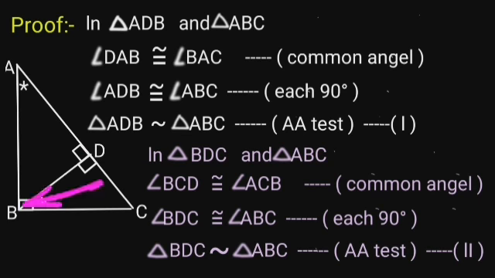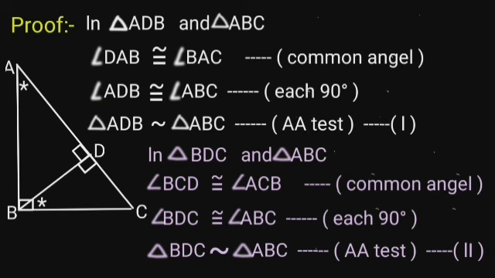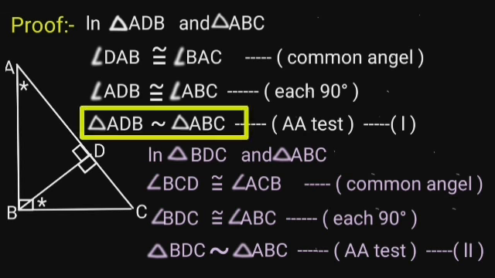Each angle is 90 degrees. Hence they are congruent to each other. Hence triangle ADB is similar to triangle ABC by the AA test. This is our first statement.